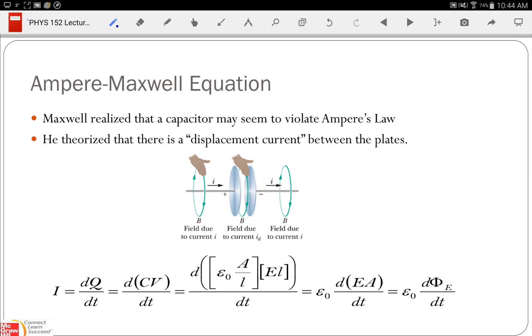Just consider the left-hand loop. Don't worry about any of the other loops. If I take this left-hand loop, it would be typical to say, well, the area of that loop is right there. And so if I want to say how much current is going through that loop, I would say, well, it's the current going through that wire. Does that make sense? That's how we would all probably think about it.